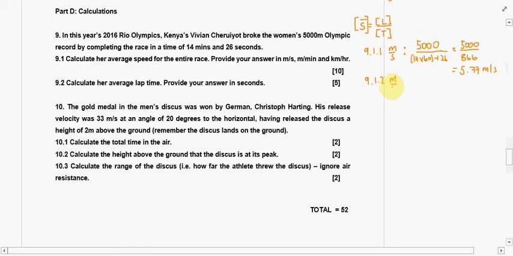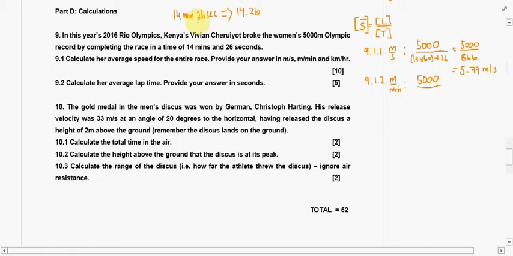9.1.2, meters per minute. Same convention, right? Top value in meters, so I leave that unchanged. Minutes, ooh, okay. Well, I've been given it in 14 minutes, but this 26 seconds tends to throw people off. So people will tend to write 14 minutes and 26 seconds as a decimal value of 14.26. This is not, however, true.